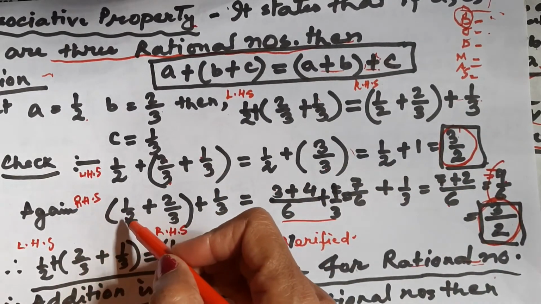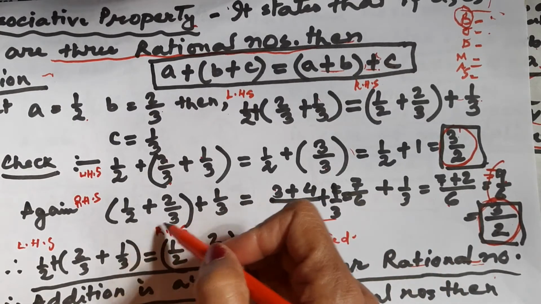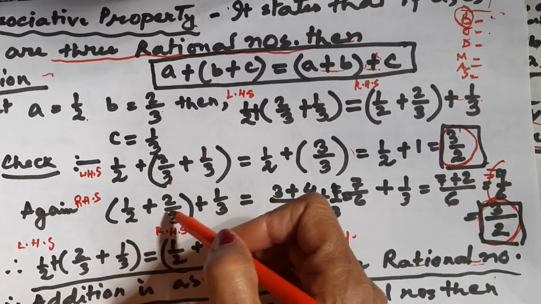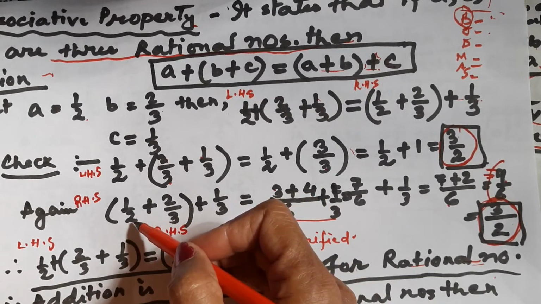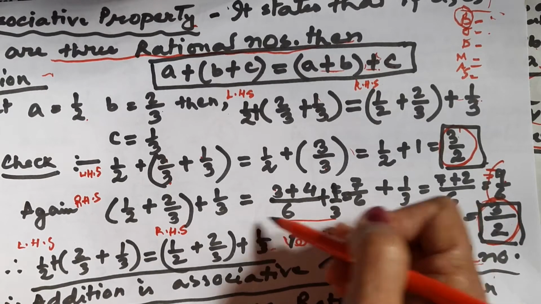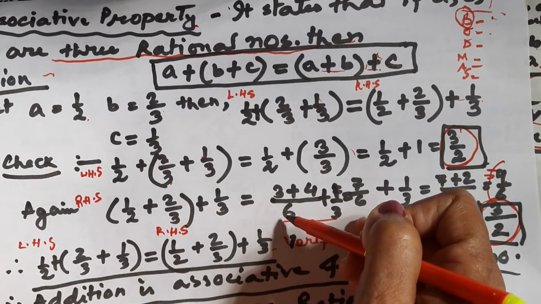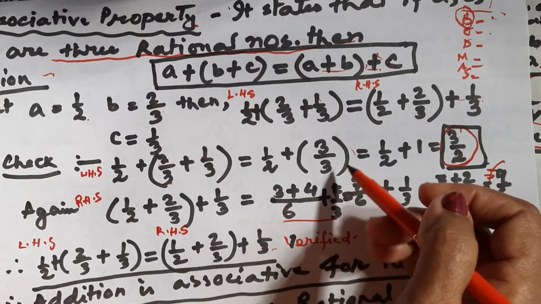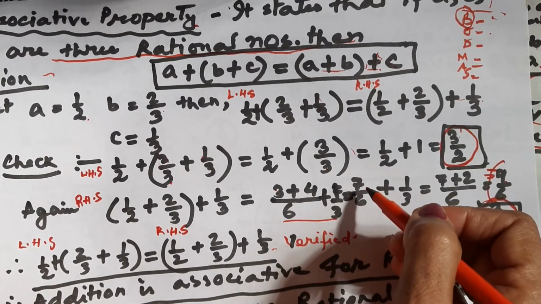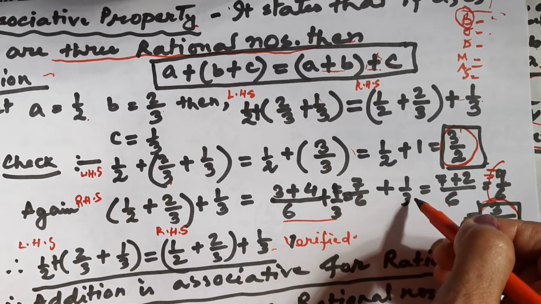Now, the RHS will be equal to (a plus b) plus c, that is (half plus 2 by 3) plus 1 by 3. We shall do the work in the bracket first. So, 2 3s are 6, and 2 goes into 6 3 times, so 3 1s are 3, and 3 goes into 6 2 times, so 2 2s are 4, plus 1 by 3. 4 plus 3 is 7, so 7 by 6 plus 1 by 3.